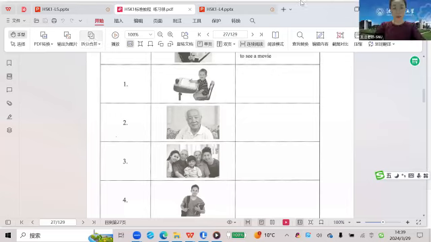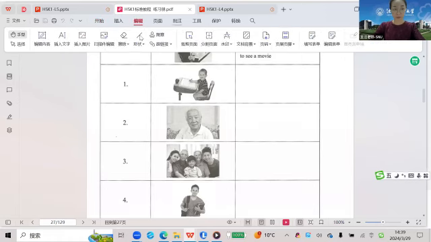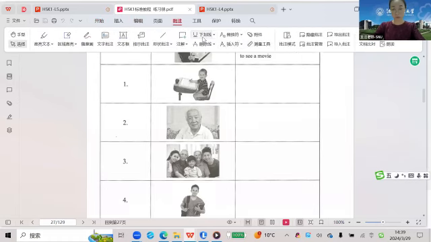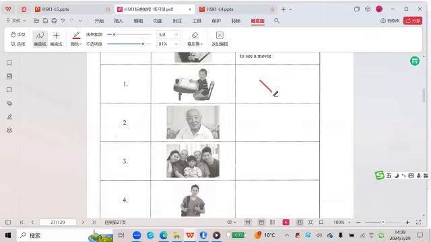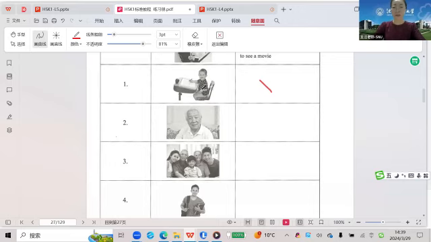Wait a moment. 女儿, what's the meaning? Daughter, yes, but in the picture, it's a little boy.